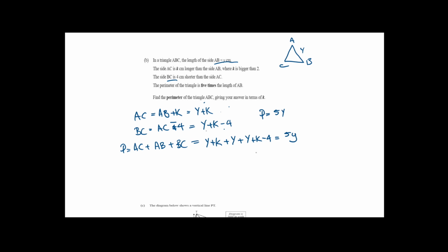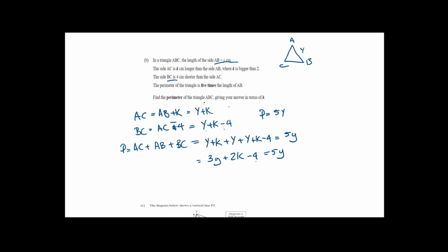Okay. That's interesting. All right, so let's collect up all of these terms. So y plus y plus y is 3y, plus 2k minus 4 equals 5y. I hope that's how we do it.